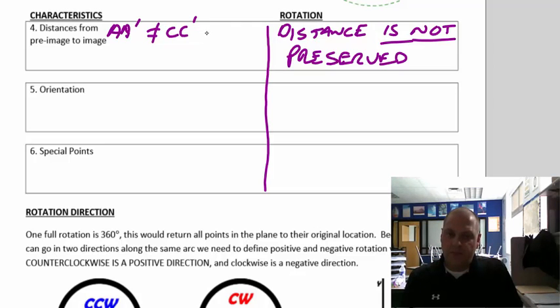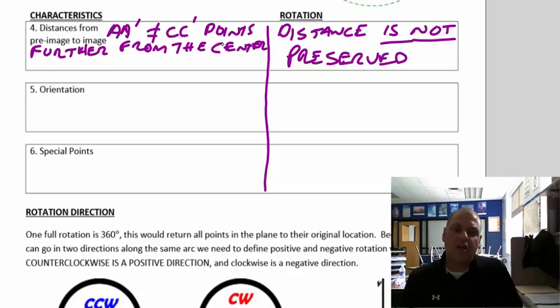Okay, and we'll just put points further from the center, which is the point of rotation, move a greater distance.